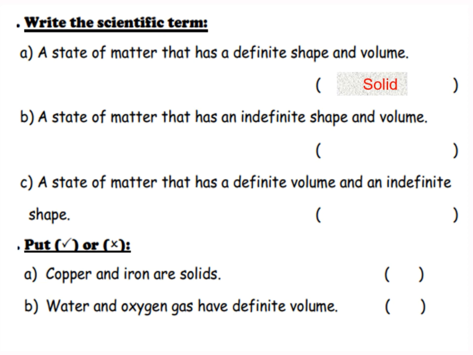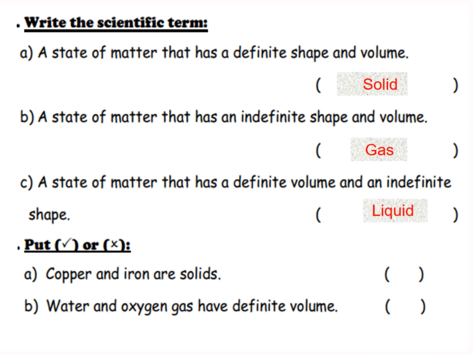Which one has indefinite shape and indefinite volume? Yes, the answer is gas. Now, a state of matter that has a definite volume and indefinite shape. Definite volume and indefinite shape, that's liquid.